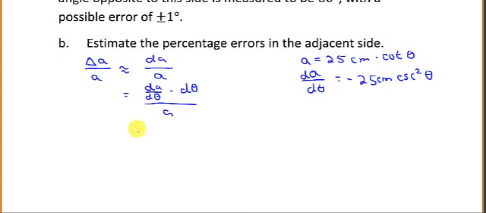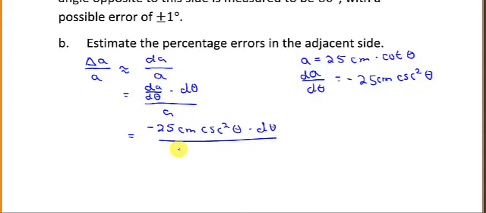And so we'll have here negative 25 centimeters cosecant squared of theta times d theta, all over A, which was 25 centimeters times the cotangent of theta.